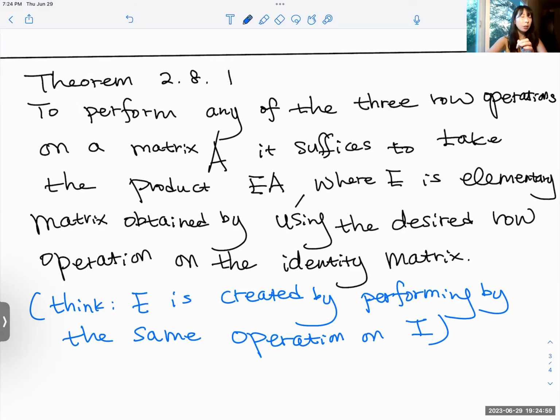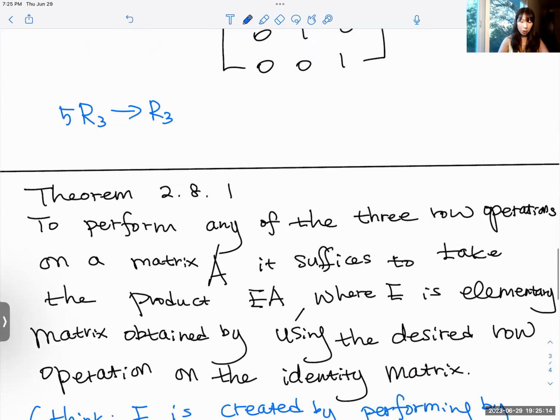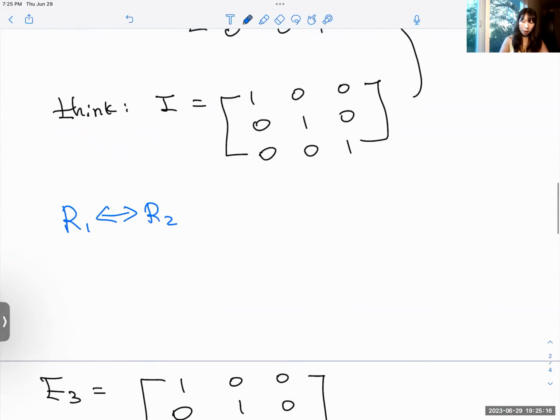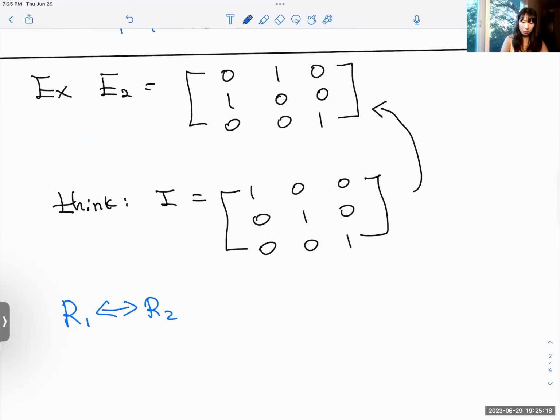Okay, let us do this example. From the interchange one. So we had interchange one, this one, right?